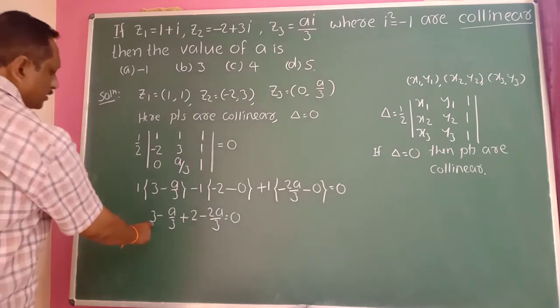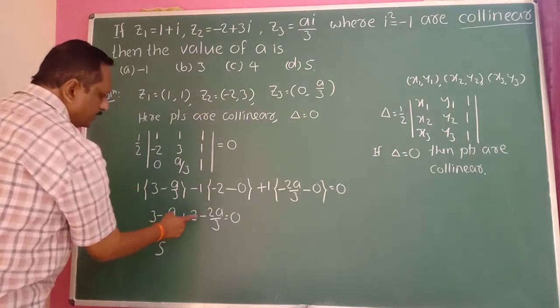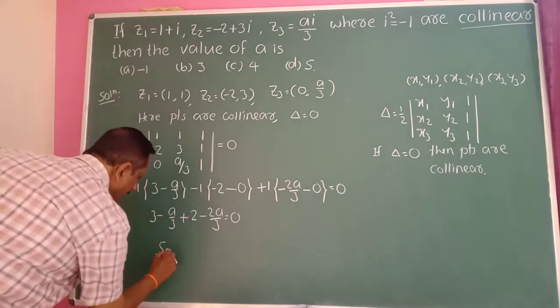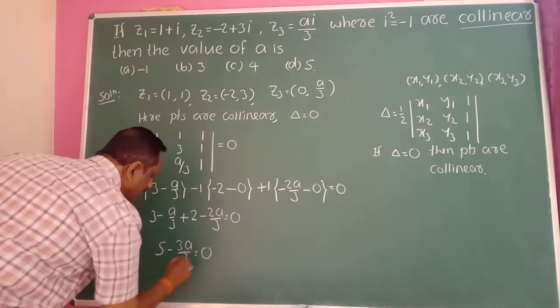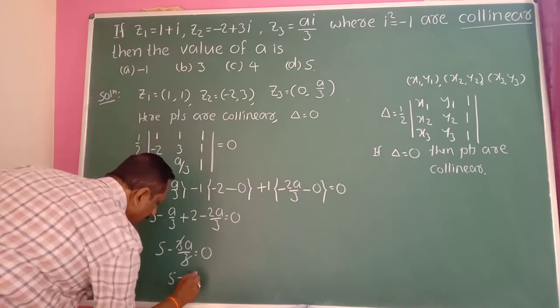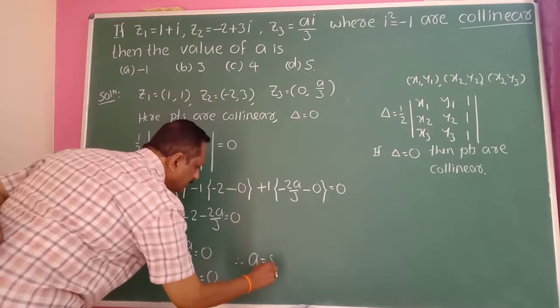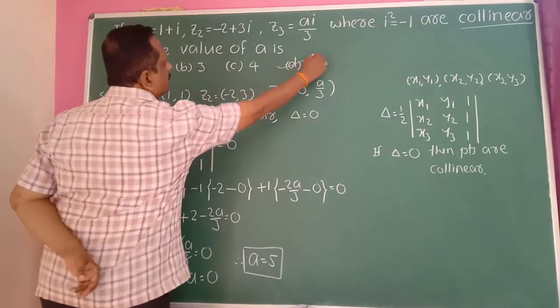Then 3 plus 2 becomes 5. So it is 5 minus a upon 3 minus 2a upon 3, and minus a, minus 2a becomes minus 3a. Minus 3a divided by 3 is equal to 0. 3 and 3 cancel here. 5 minus a is equal to 0. Hence a value is 5. Therefore D is the answer.